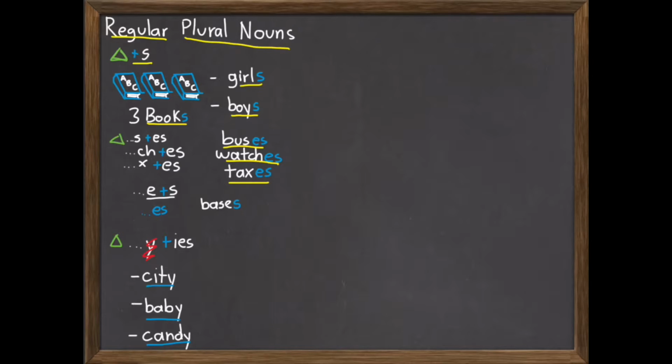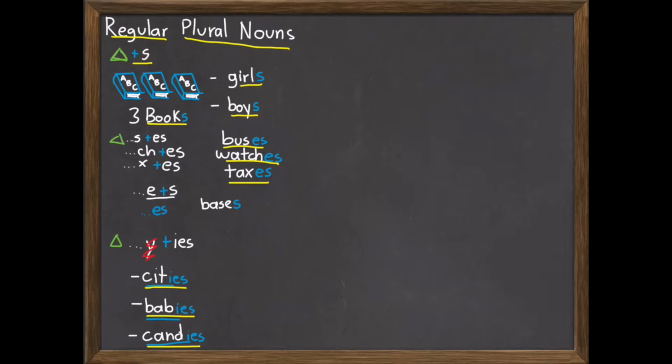These are all singular nouns. Now, let's turn them into plural nouns. First, take off the Y and add IES at the end. City turns into cities. Baby turns into babies. Candy turns into candies.